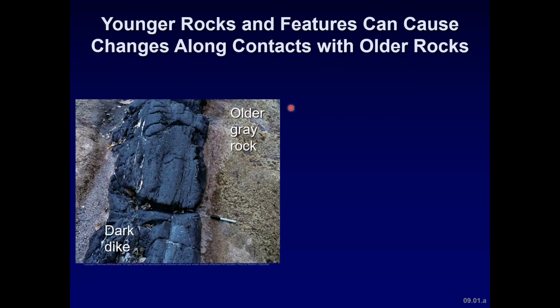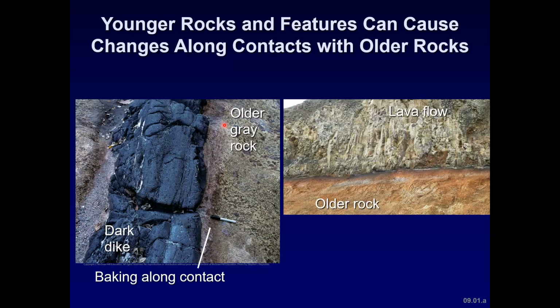It forms a baked zone along this dike. So it caused changes along the contacts there. Same thing with this one. A basaltic lava flow baked an older underlying section of rocks. So we can put that in order.